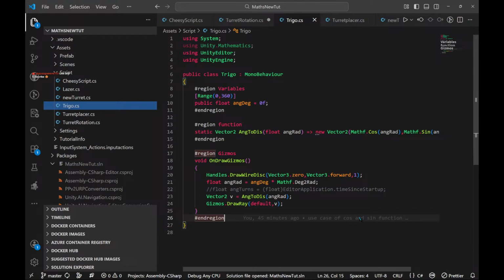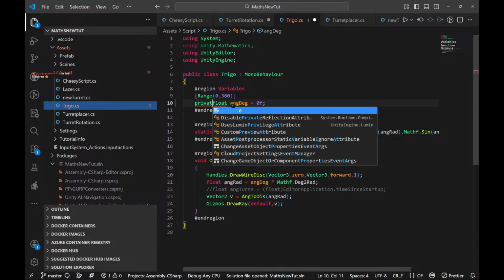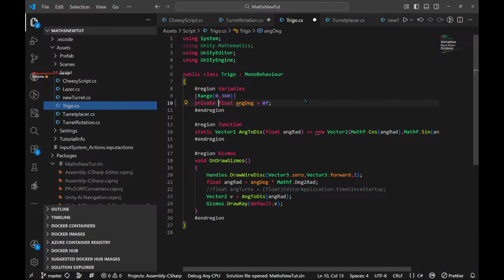There's actually a way, if you don't want the user to manipulate this value outside your editor, you can just do this: a float that cannot be accessed outside the class.